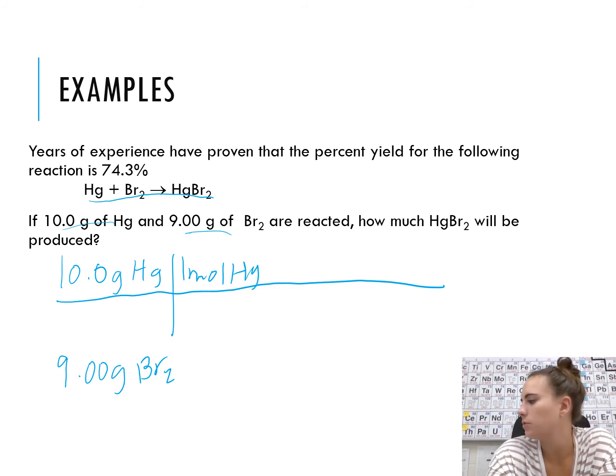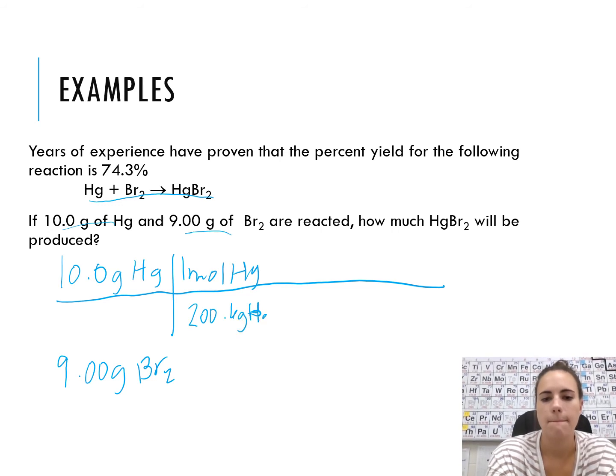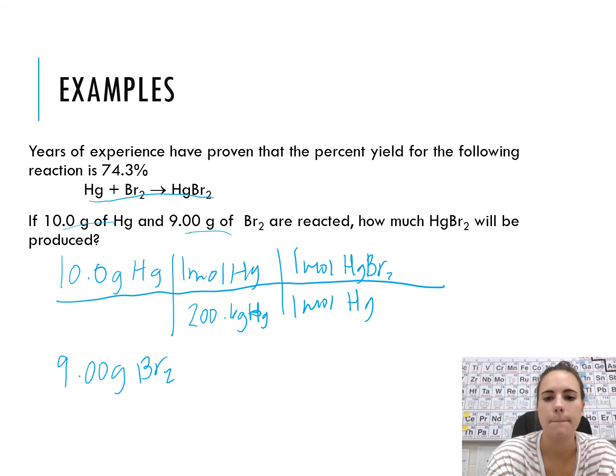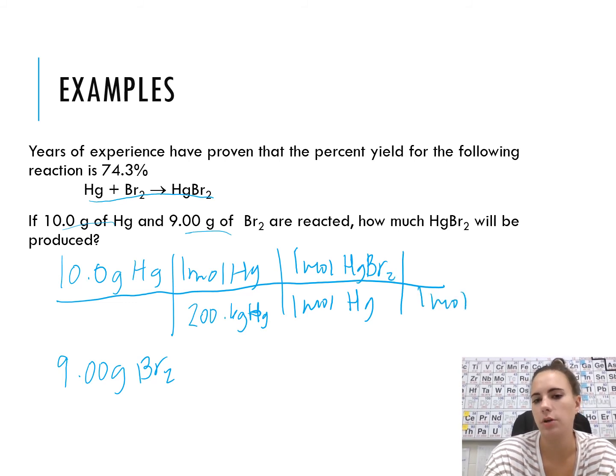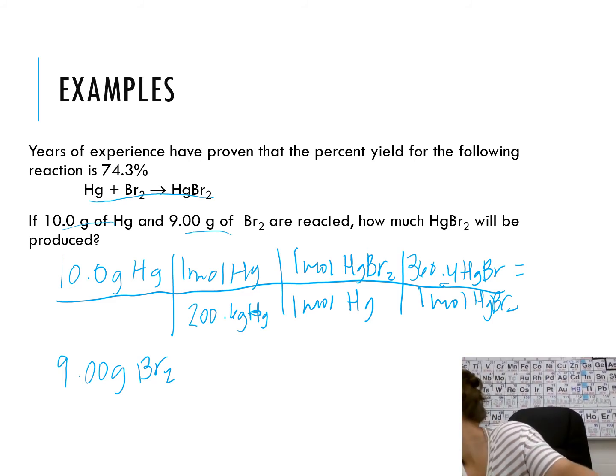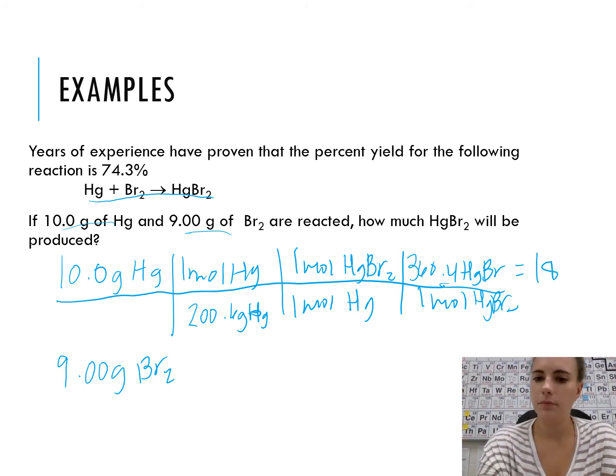So convert to moles, and then moles of mercury bromide, and then grams of mercury bromide. And I'll multiply across the top and divide by the bottom. I get 18.0 grams of mercury bromide.